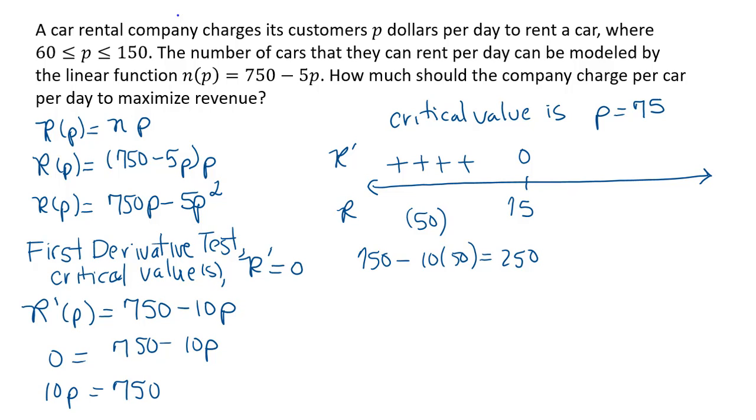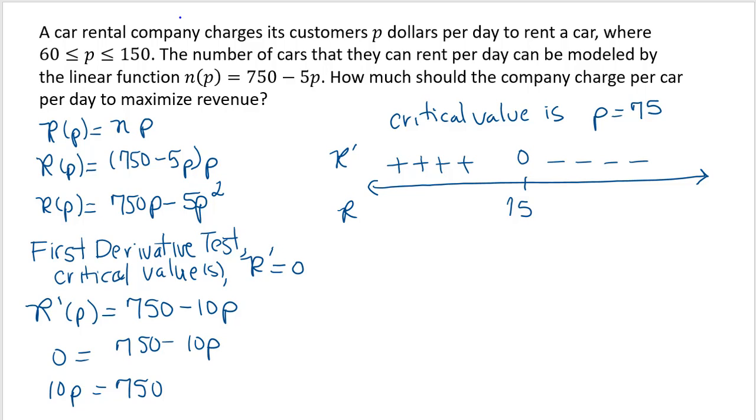For a value to the right of 75, I'll pick 100. Evaluating the 100 in the derivative, we'll get 750 minus 10 times 100, which would be 750 minus 1,000, and that's negative 250. I'll write negatives to the right of the 75 to indicate that the derivative is negative to the right of 75.